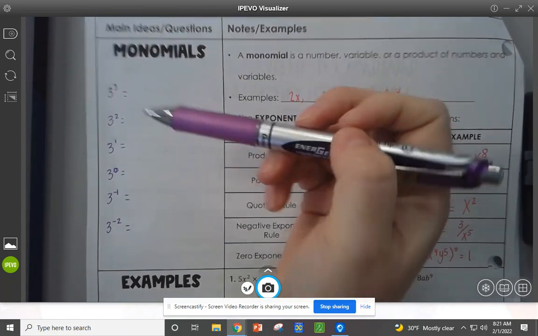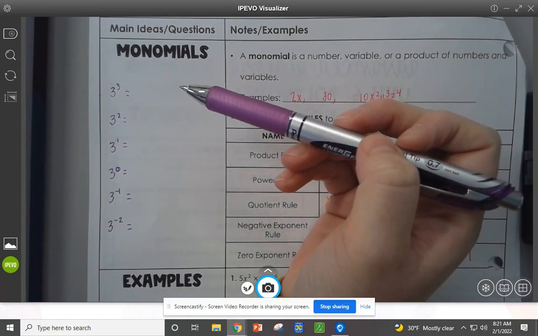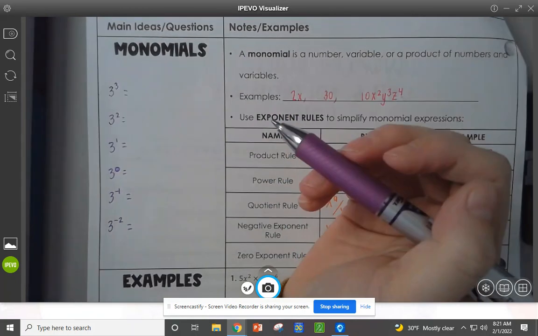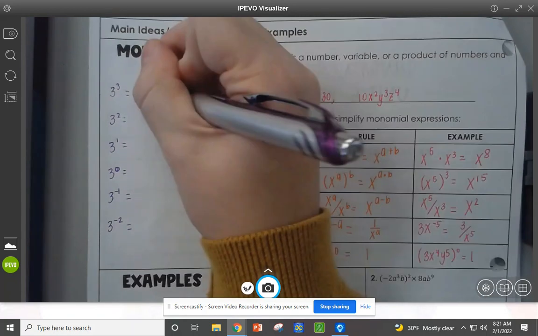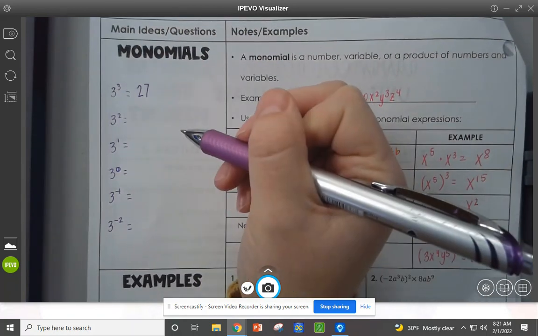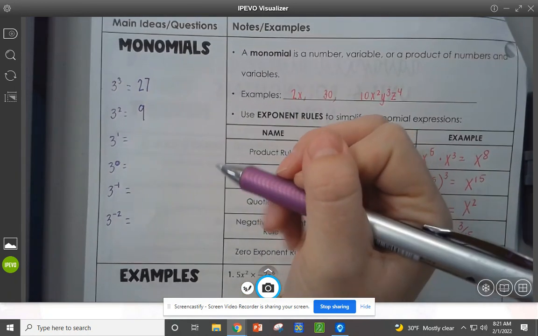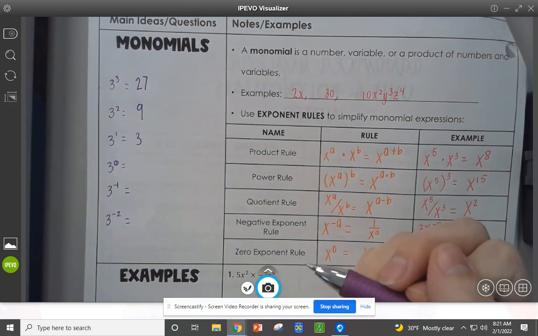All right, so in your calculator, I want you to type in 3 to the 3rd power. And what do you get? 27. What about 3 squared? 9. What about 3 to the 1st? 3. What's happening to my numbers?